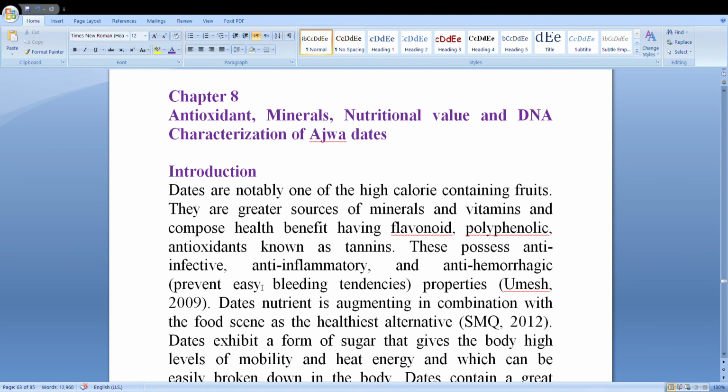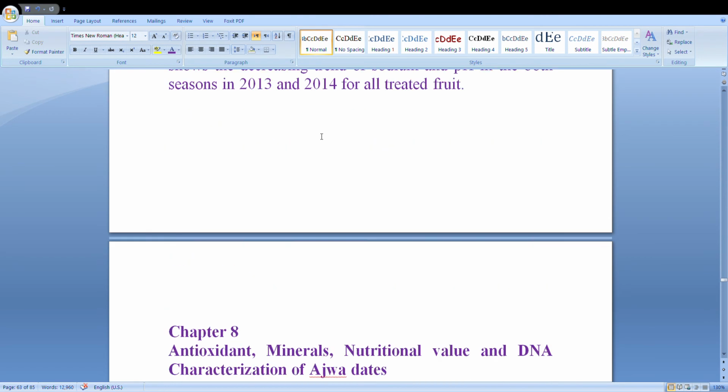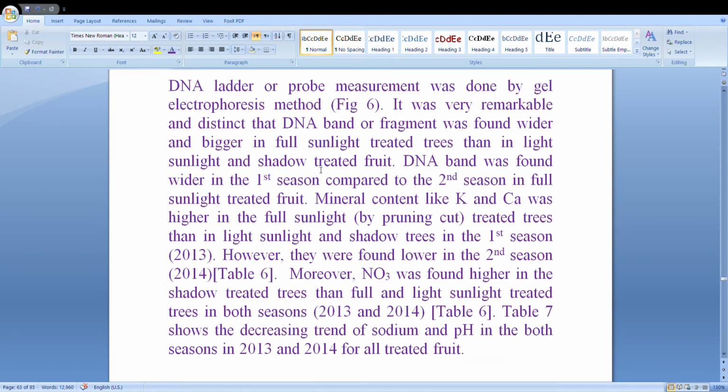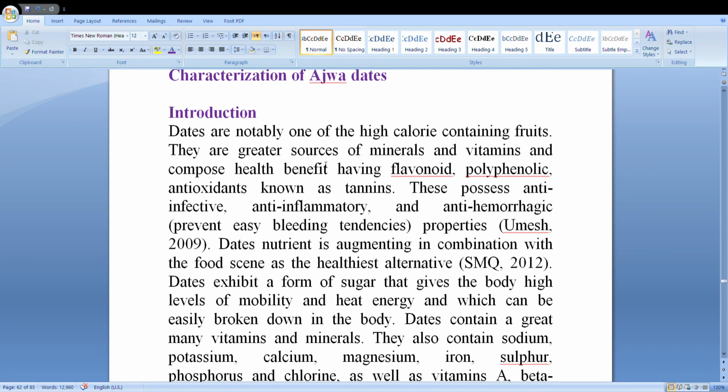Chapter 8: Antioxidant nutrient value and the DNA effect of Ajwa dates. These are called Sukari dates, and this is Ajwa dates. Dates are notably one of the high caloric fruits. They are a great source of minerals and vitamins and have health benefits, containing flavonoid and polyphenolic antioxidants known as tannins.